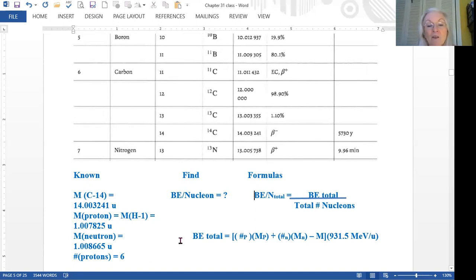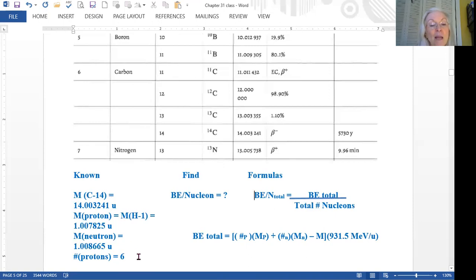And the total binding energy is going to equal the number of protons times the mass of one proton plus the number of neutrons times the mass of one neutron minus the mass of whatever element we're looking at. And then times 931.5 MeV to convert unified atomic mass units to MeVs. So we've got the mass of carbon-14, the mass of a proton, the mass of the neutron.